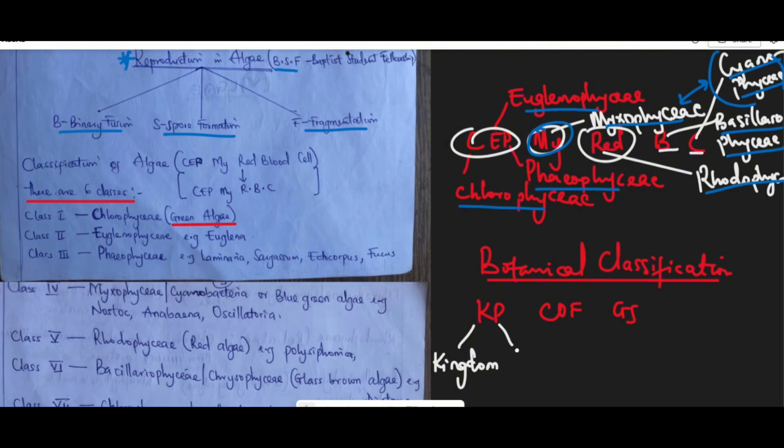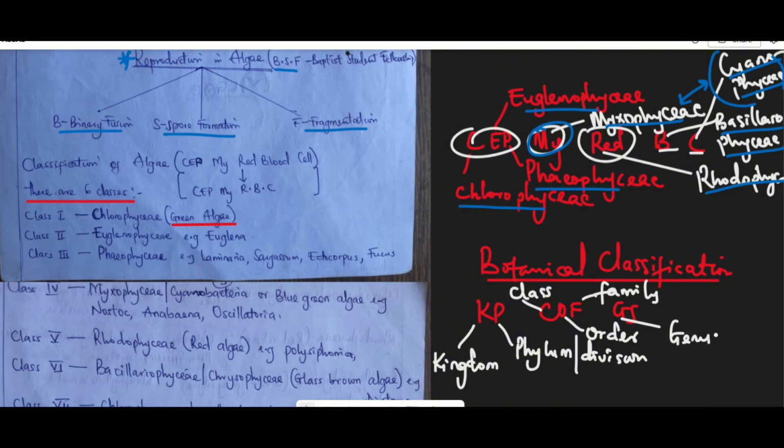It means phylum for animals, but in plants, we call it division. Then we have C, which means class. Then O, which means order. Then F, which means family. Then we have genus, and the last is species.